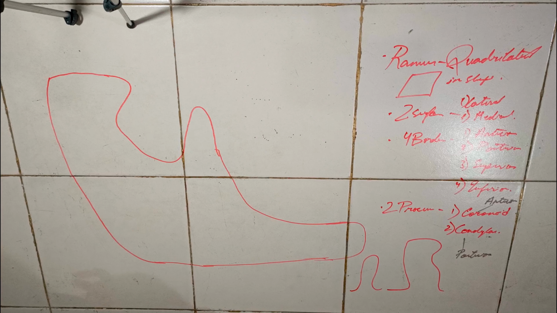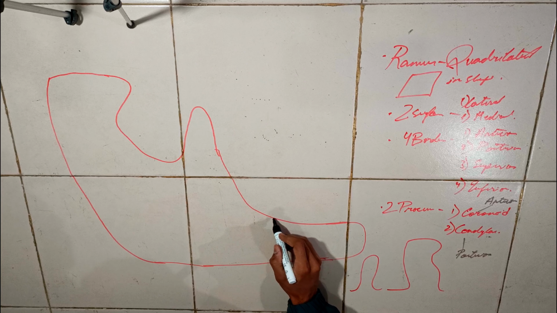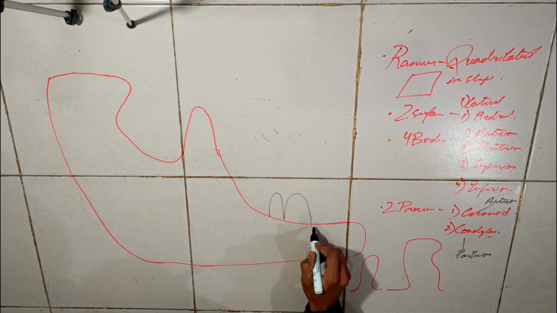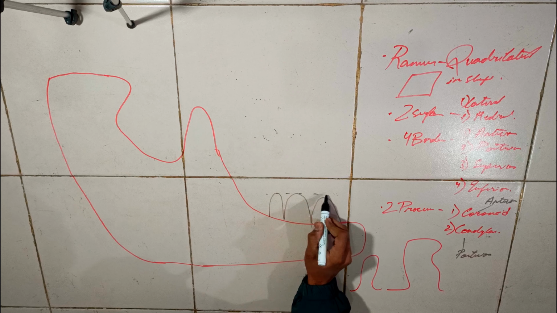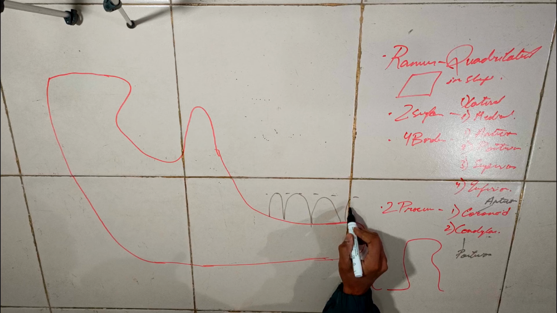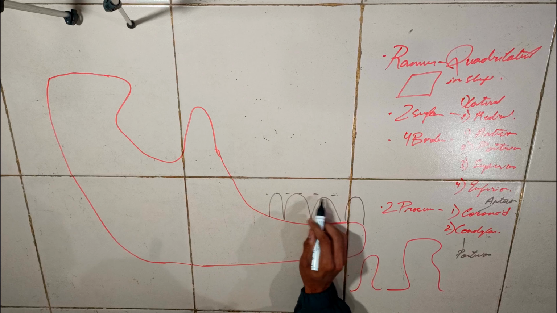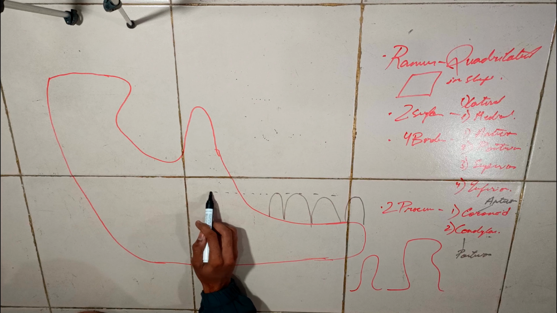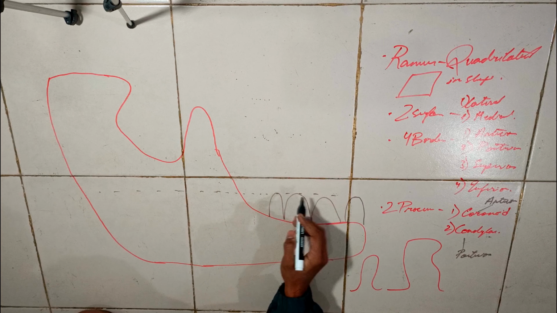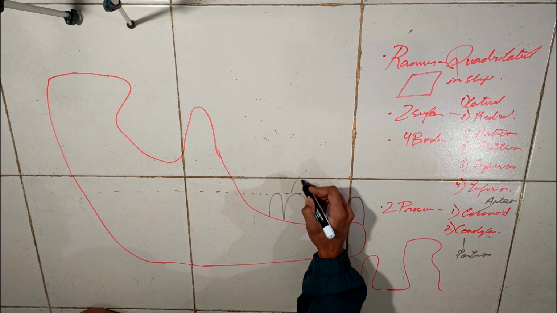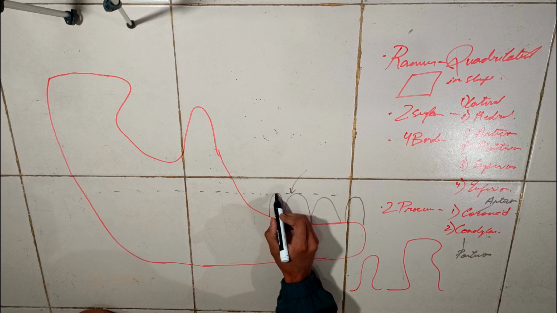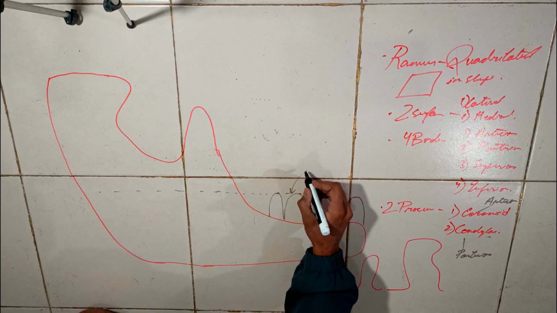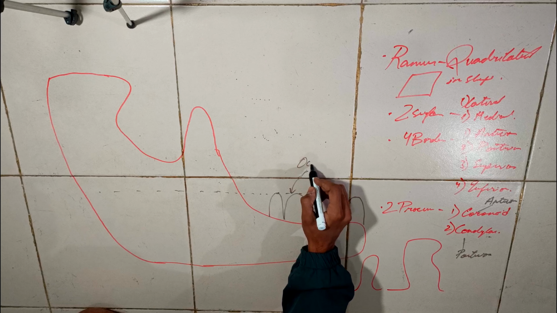And the teeth are here. They will be here like this. And the imaginary line that almost touches the tip of the teeth is called the occlusal line, because the surfaces at the tip of the teeth are called occlusal surfaces.